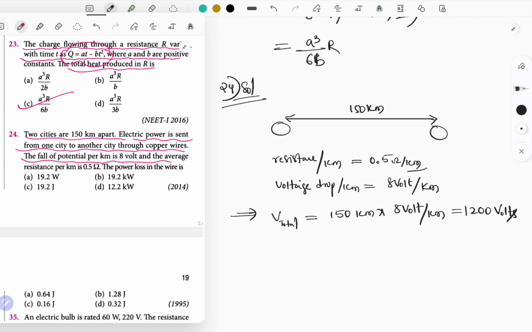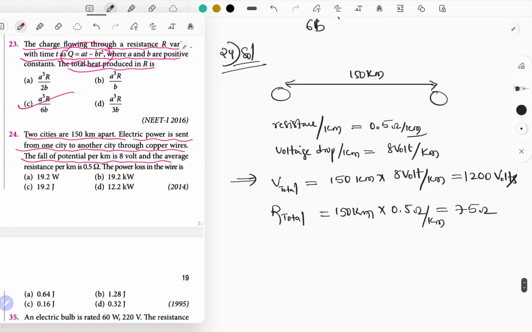This is the voltage. Now I need total resistance. So total resistance is equal to 150 kilometer into, per kilometer it is going to lose 0.5 ohm, which is equal to 7.5? No, it is not. 75 ohms. Okay, so this is the answer.